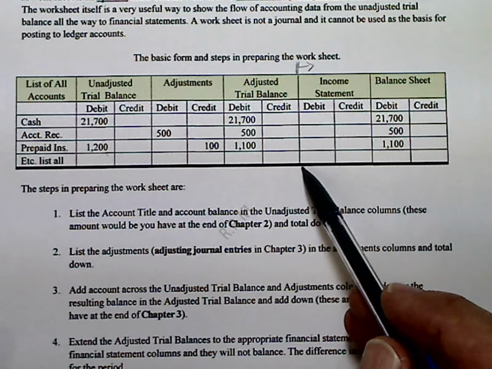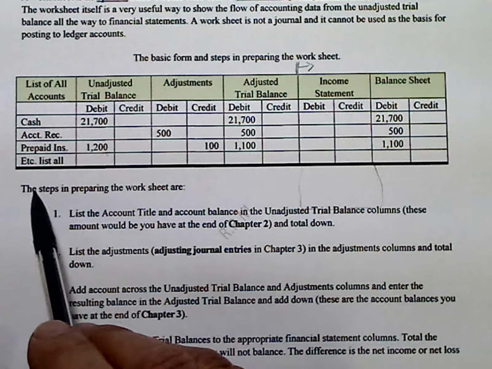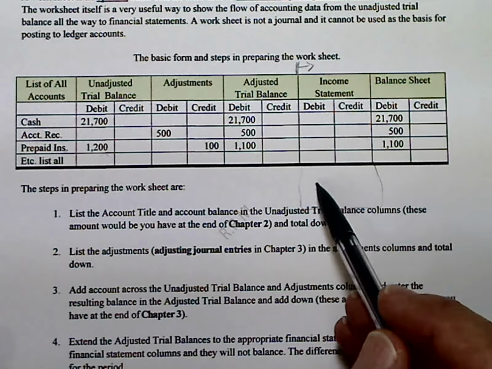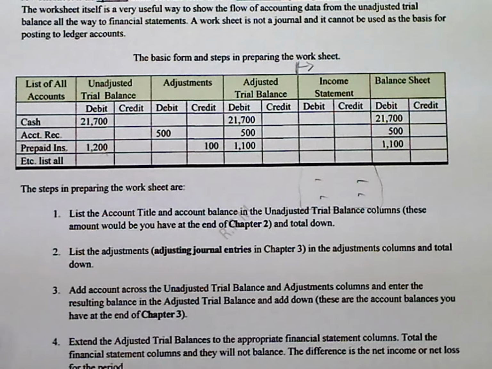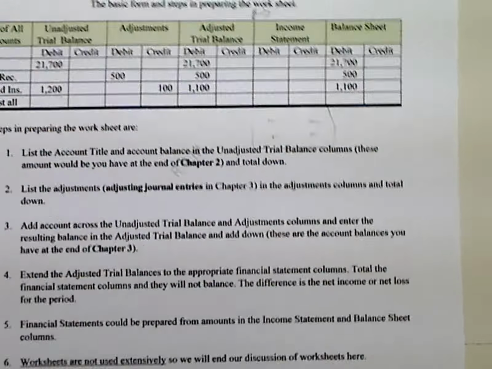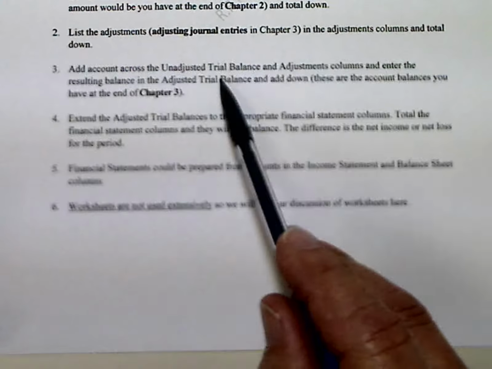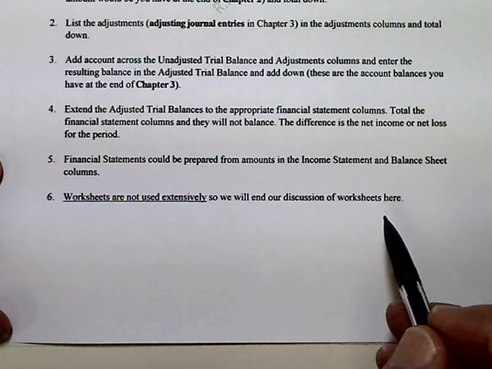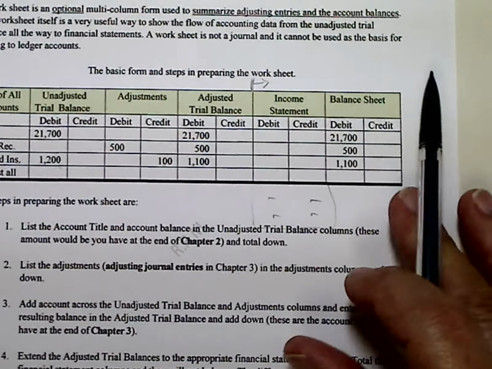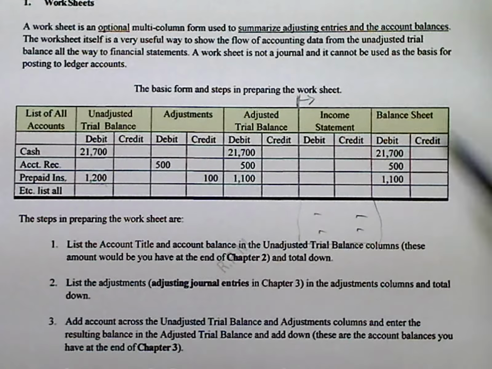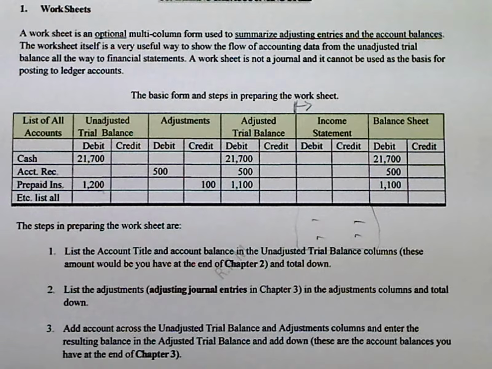But if we were to continue on down, we'd get down to the revenue and expense accounts, and those numbers would be shown in the income statement columns. Not used extensively, so we're going to end our discussion here, but we know their purpose and we know what they look like when they're used.